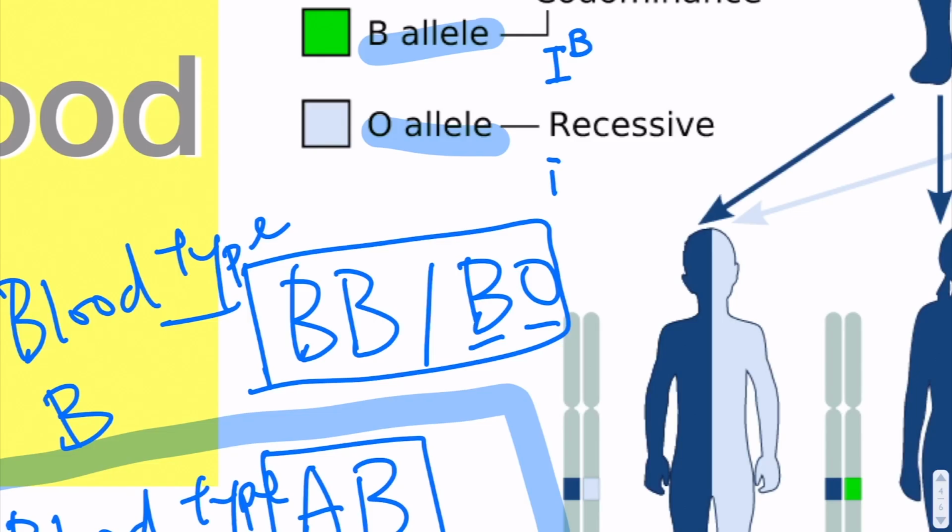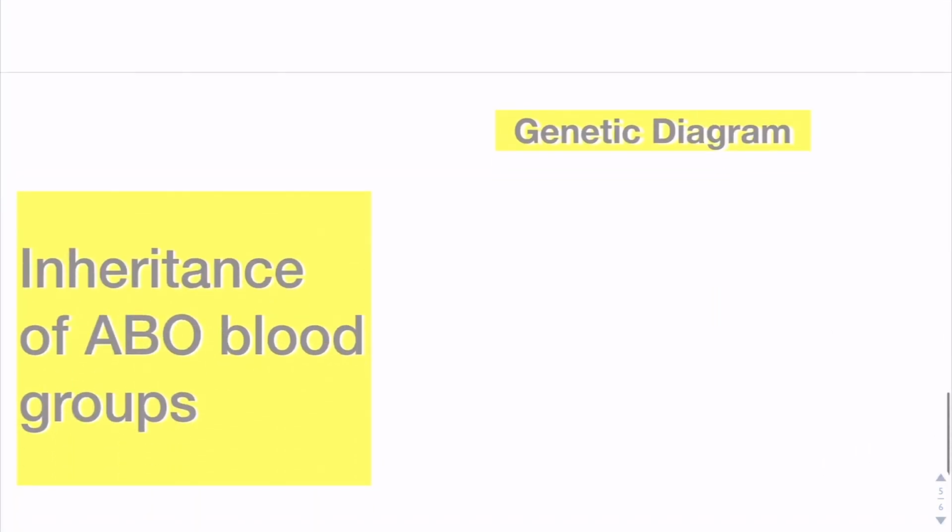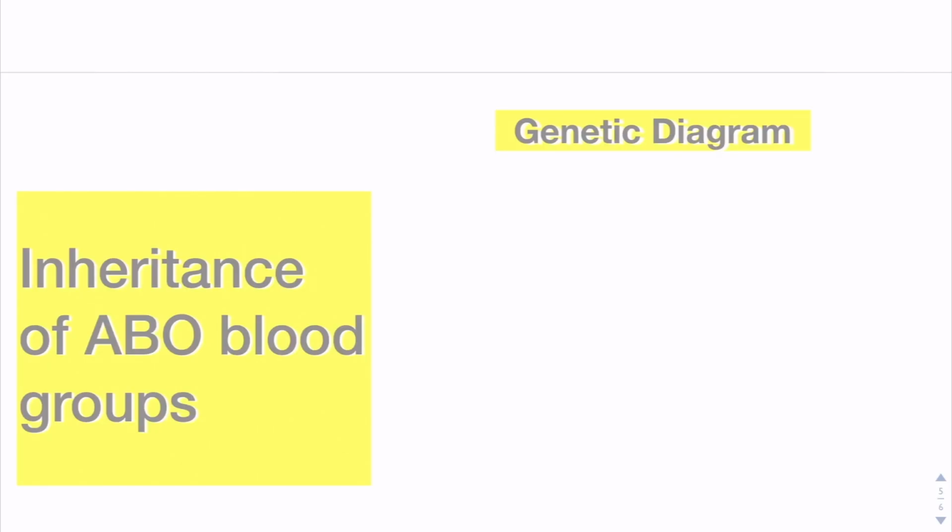Now let's practice how to draw a basic genetic diagram of the inheritance of the ABO blood groups. For example, a person with blood type AB crosses with a person with blood type O. First we have the parents.